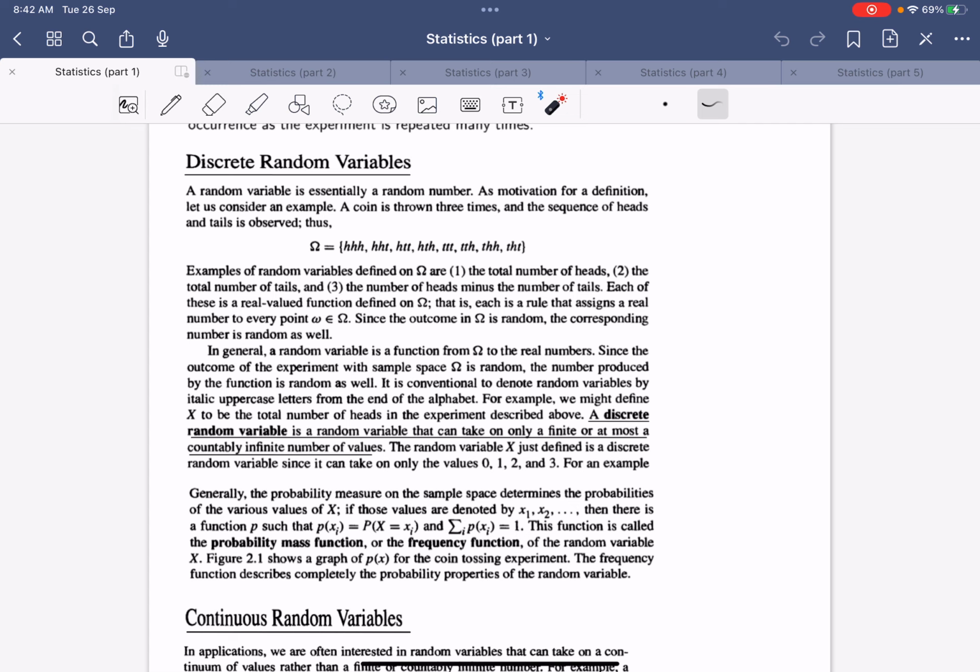So this is a function that defines a rule from this sample space into a real number. And since the outcome is random, the number is random as well. So in general, we can think of a random variable as a function from a sample space to the real numbers. And because the sample space is random, the number produced by the function is random as well.